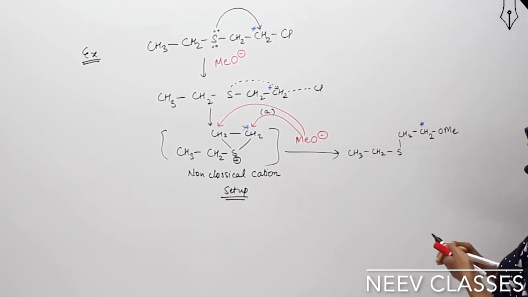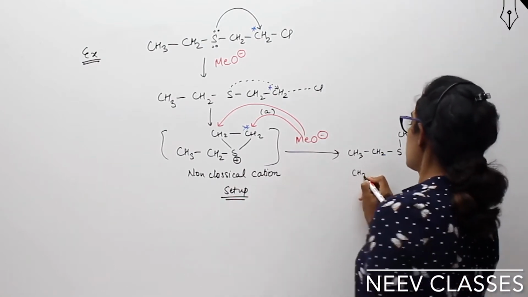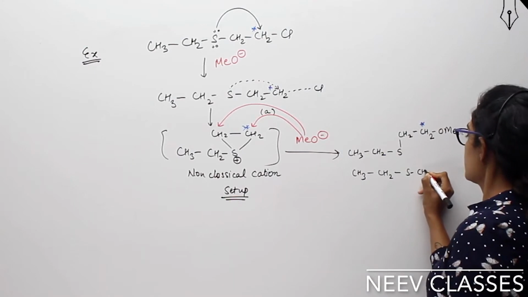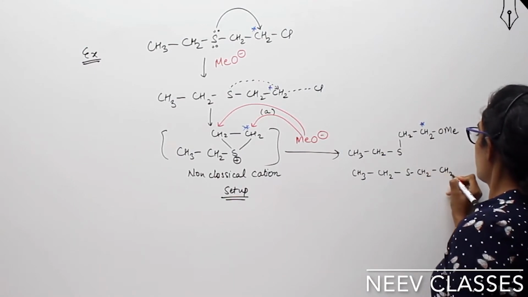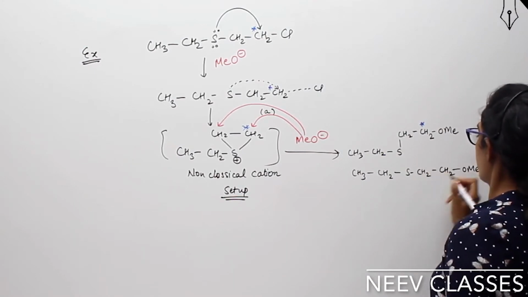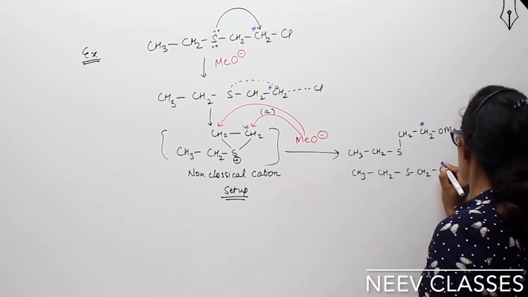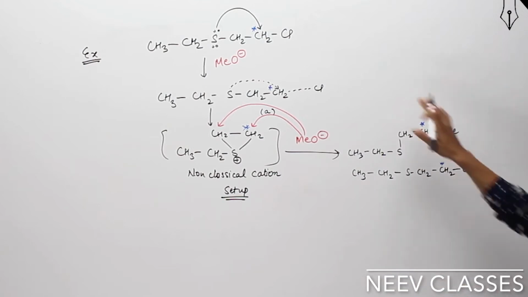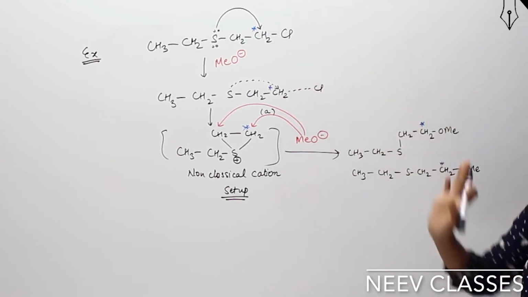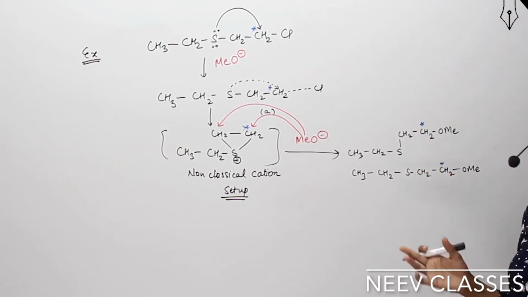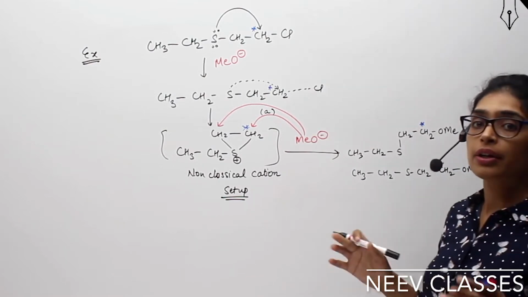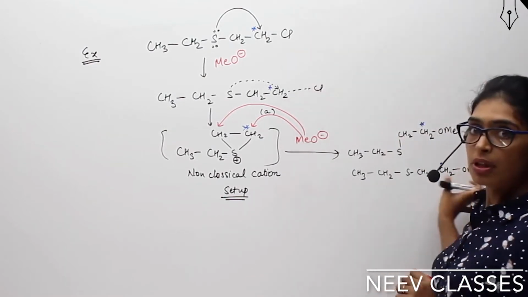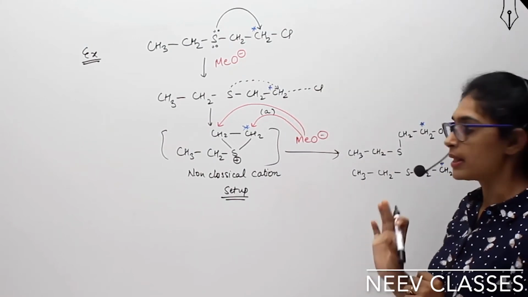I can also write it as CH3, CH2, S, CH2, CH2, OMe. Just notice the positioning of OMe is exactly at the same position where the chlorine was. And as I have already mentioned before, retention of configuration will also take place. So it's not only the position that is the same, but the configuration of the carbon will also remain the same.